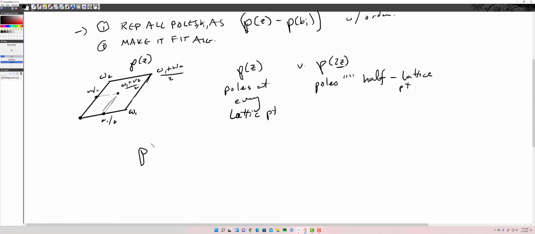If we have that P of 2z is some rational function of P of z, that means there's a numerator and a denominator, right?